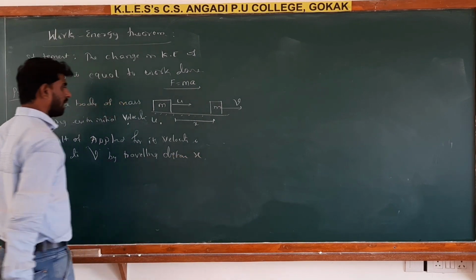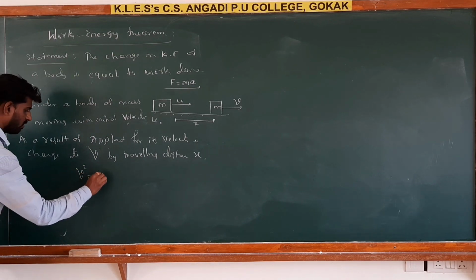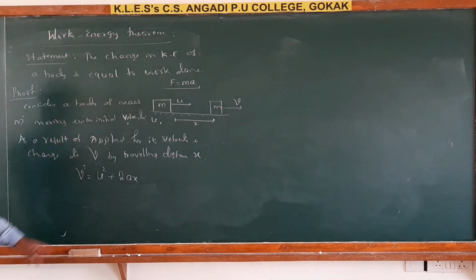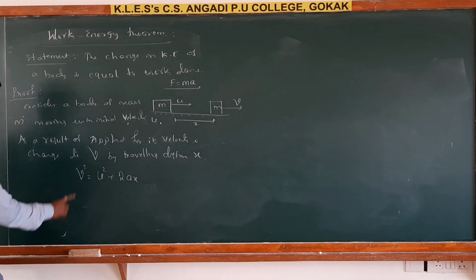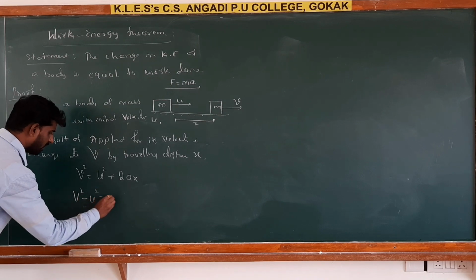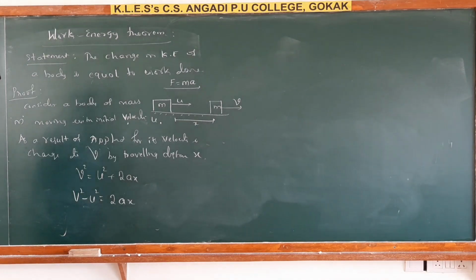So the explanation: as per the kinematic equation, v square equals u square plus 2ax. I can write it as v square minus u square equals 2 into a into x.